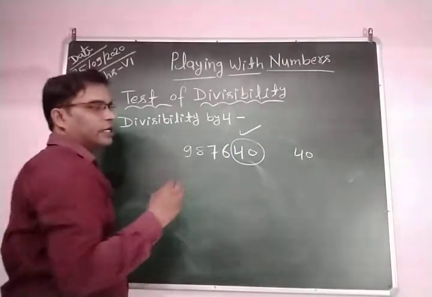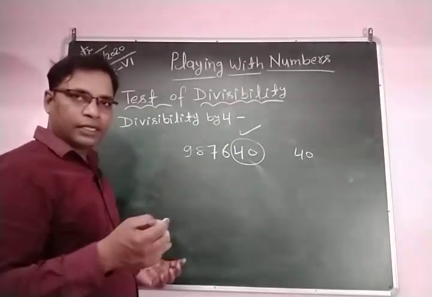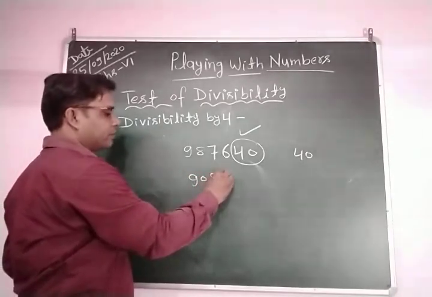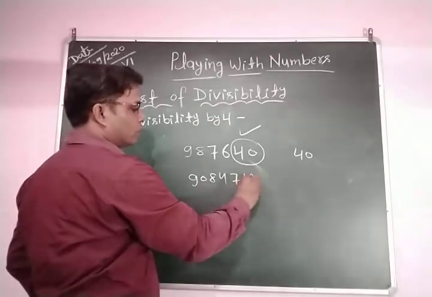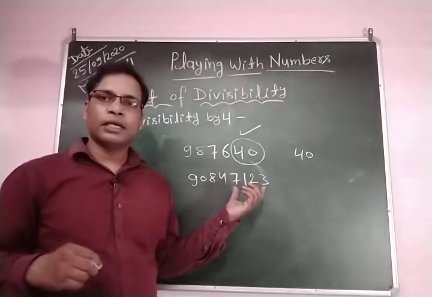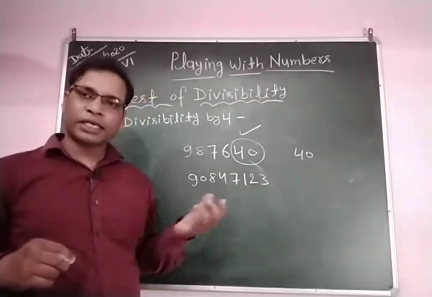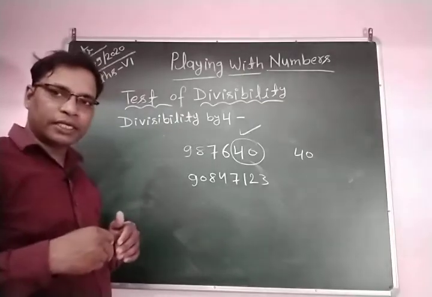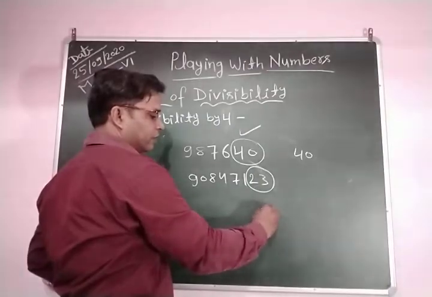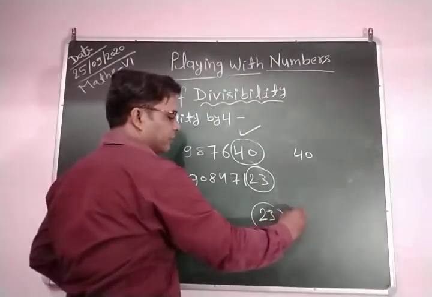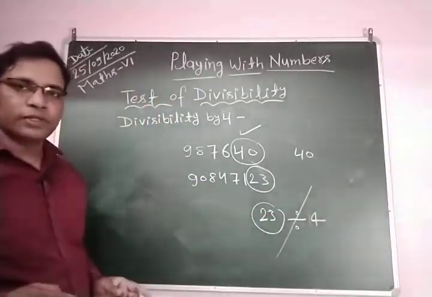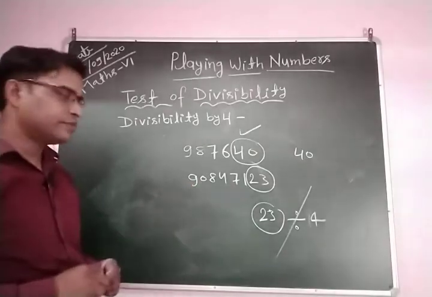Clear? Now you can take another number like 9, 0, 8, 4, 7, 1, 2, 3. Is this number divisible by 4 or not? We take the last two digits from the right side, which is 23. 23 is not divisible by 4, so this number is also not divisible by 4.